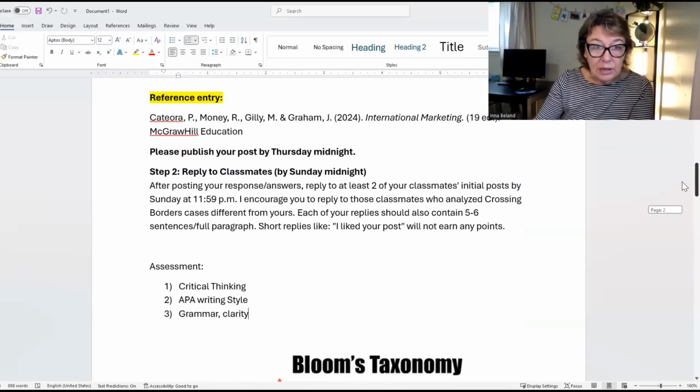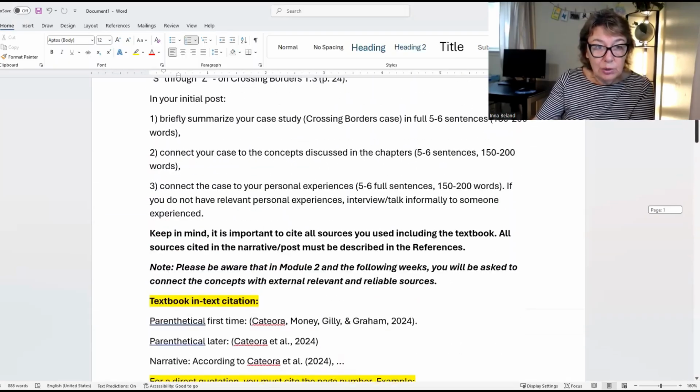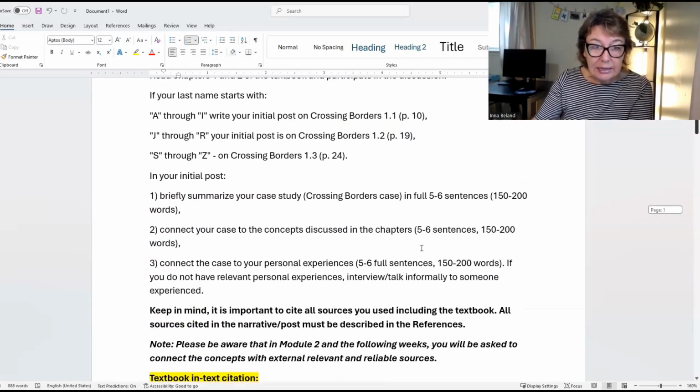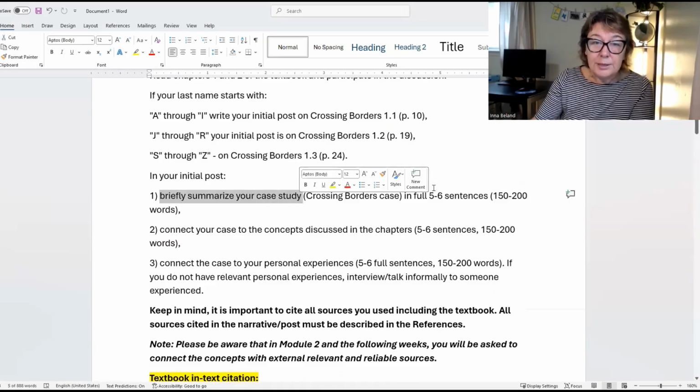For example, if we go back to the instructions, when I say briefly summarize your case study, this is about your clear explanation of the case studies that you read.